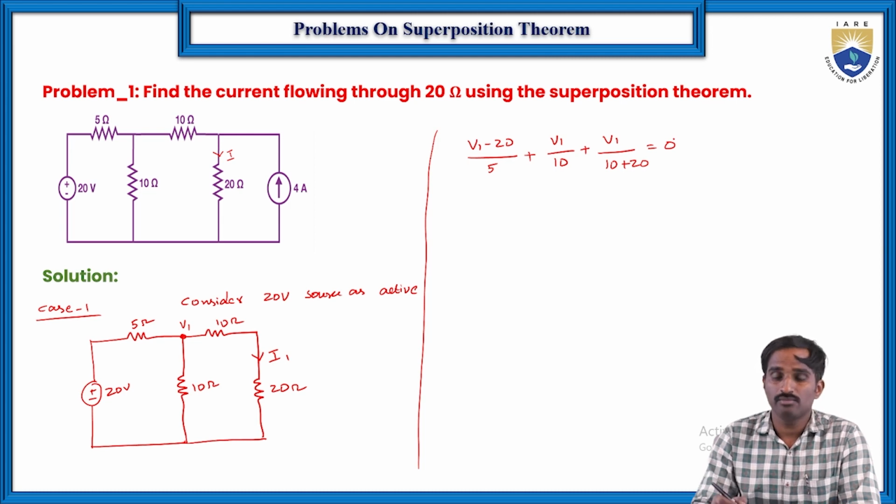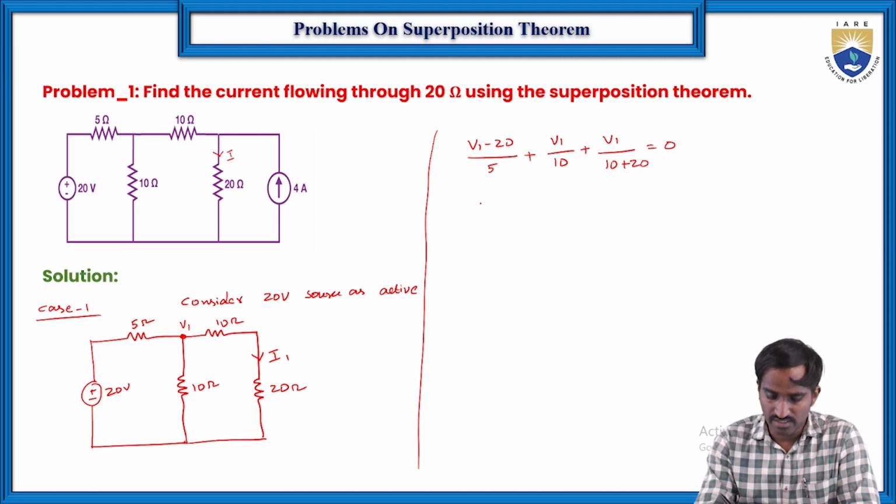By solving this, we get V1 equal to 12 volts.